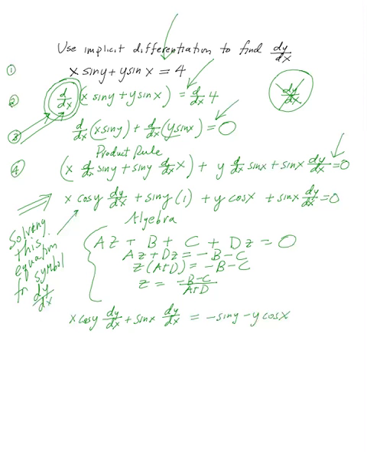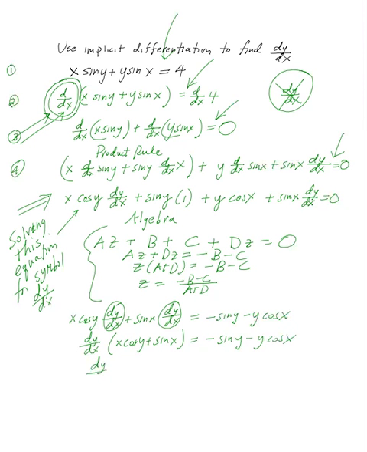Okay, now I want dy dx written just once on the left by itself. It's written twice here. So I factor out the dy dx. And now dy dx is multiplied by this x cosine y plus sine x.